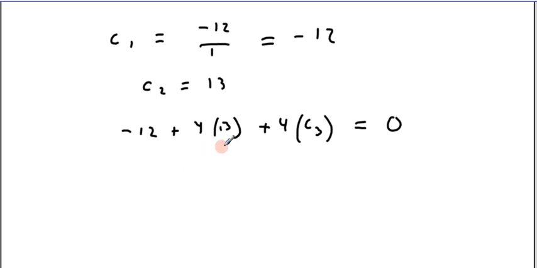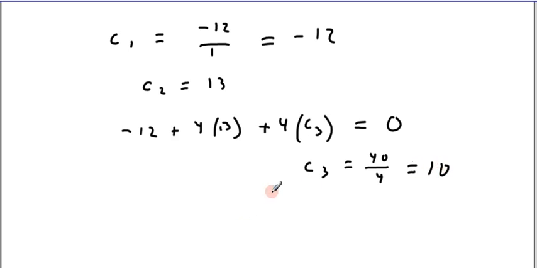Okay, so 4 times 13 is 52. 52 minus 12 is 40. So c3 is 40 divided by 4, which is 10.